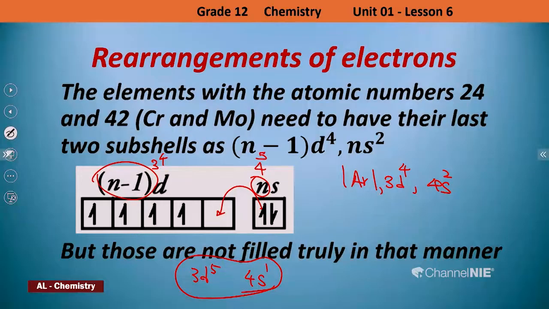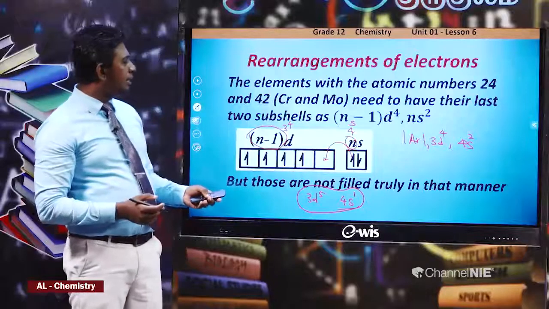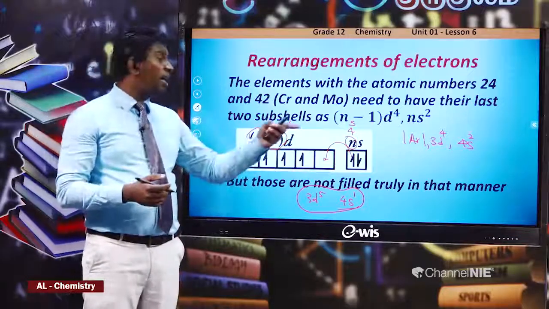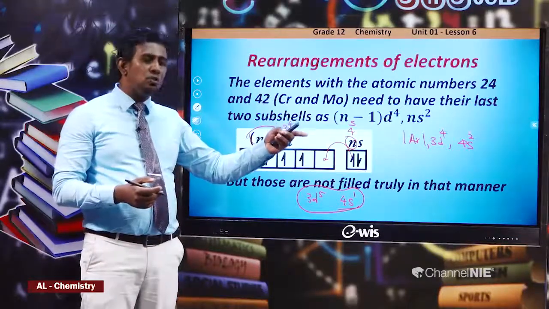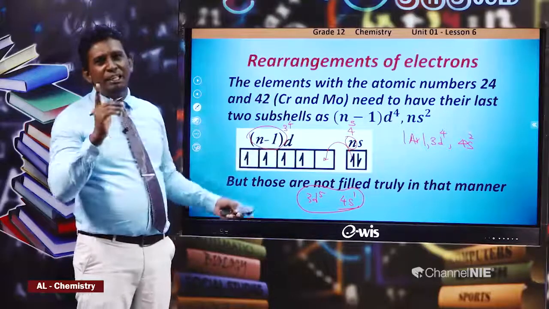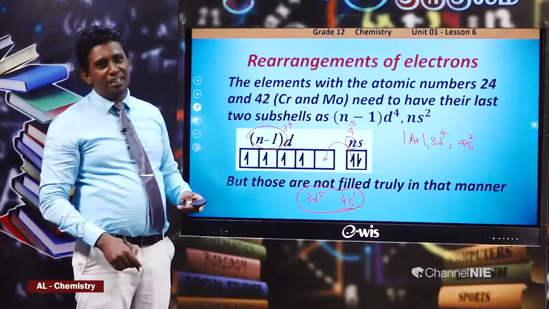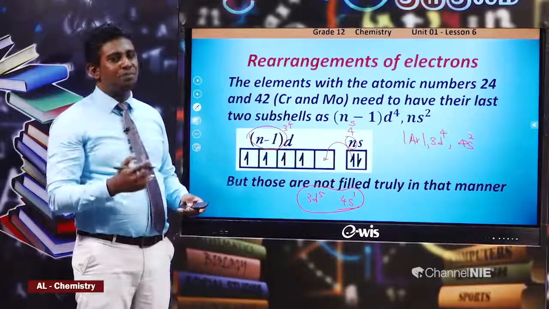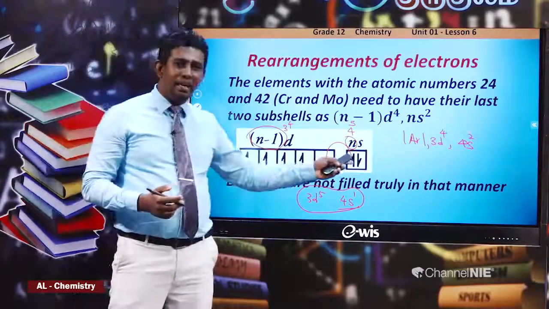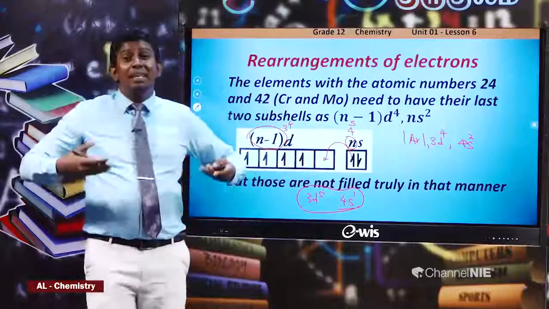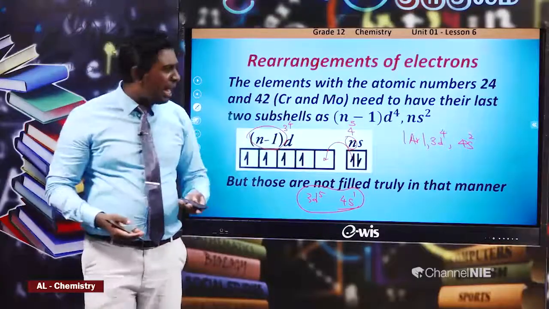Then also we call that a rearrangement. One electron is rearranged from ns2 to (n-1)d4, making it ns1 (n-1)d5, giving a half filled stable electronic configuration.